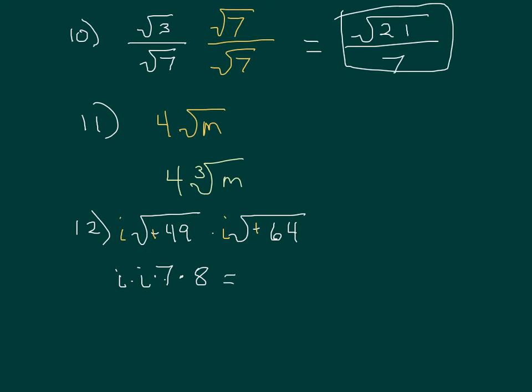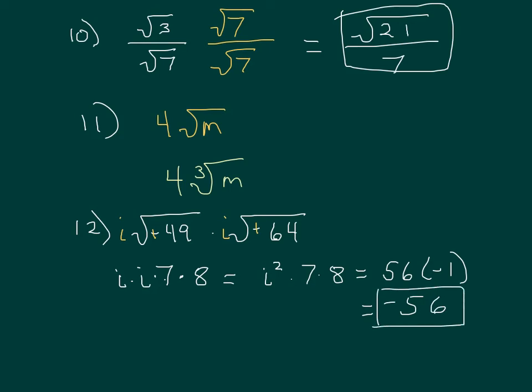Well, i times i is i squared times 7 times 8. So 7 times 8 is 56, and i squared is negative 1, and so that gives us a negative 56 as our answer. Your answer was a positive 56.